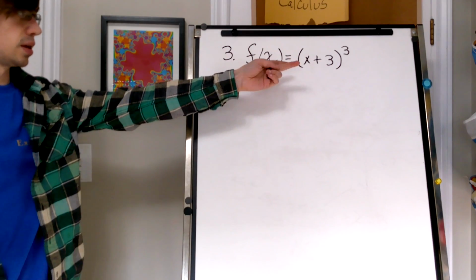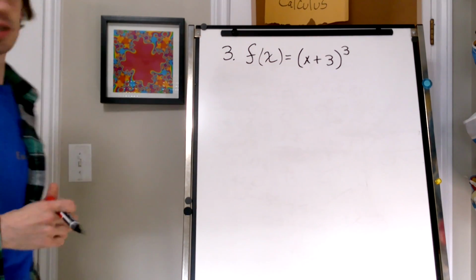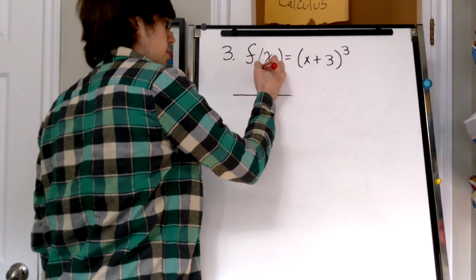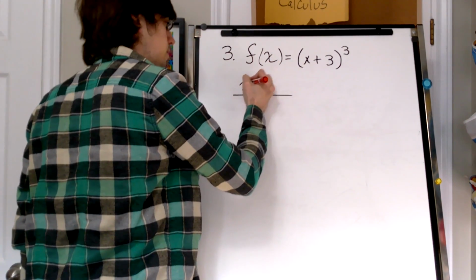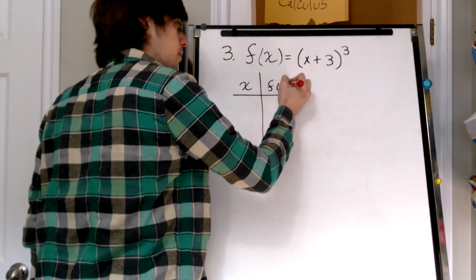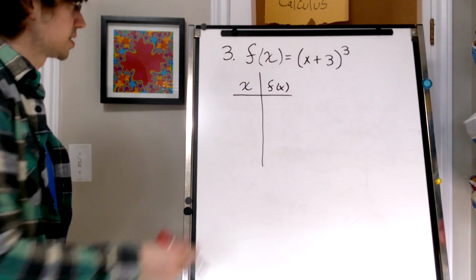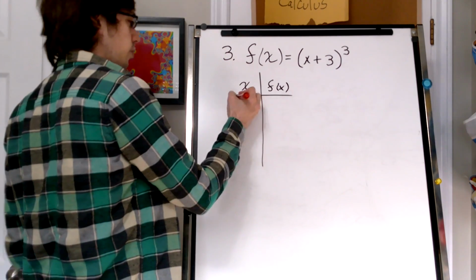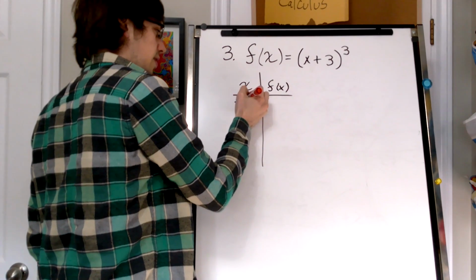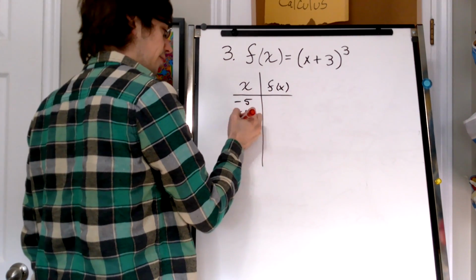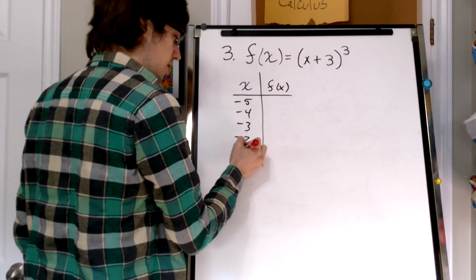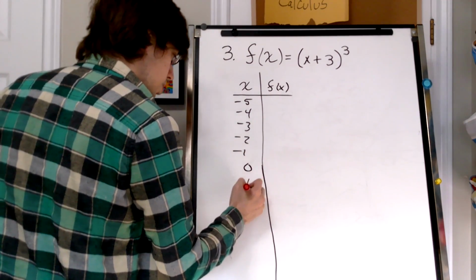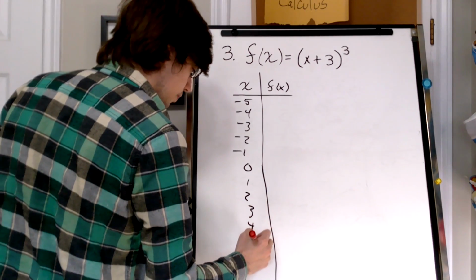Okay. f of x equals (x plus 3) cubed. We do our t-table. What do we get? Let's start over in the negatives. Let's go -5, -4, -3, -2, -1, 0, 1, 2, 3, 4, 5.